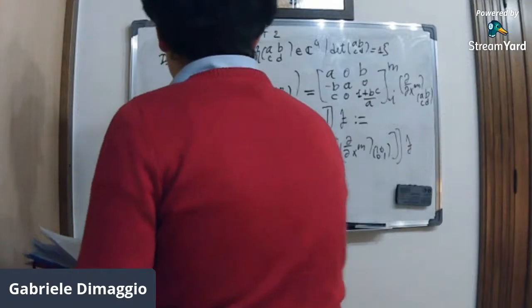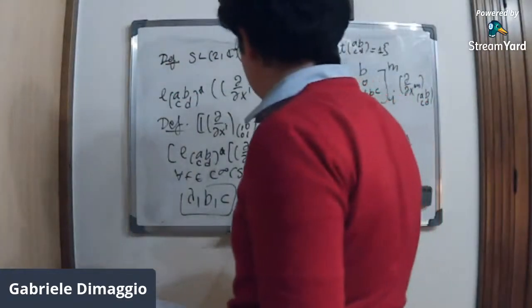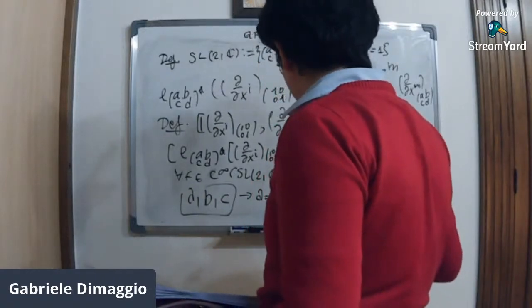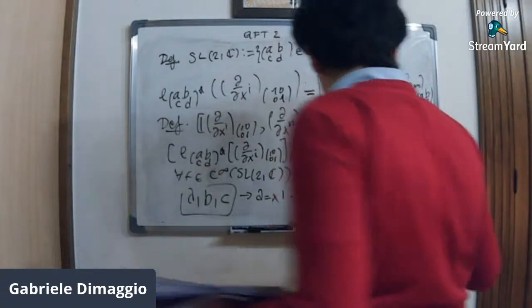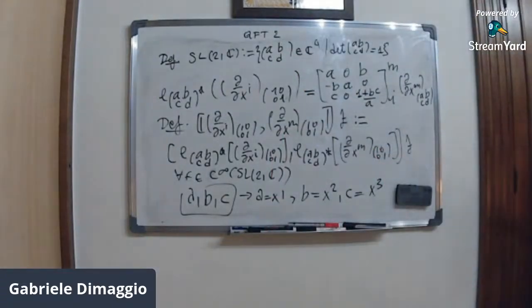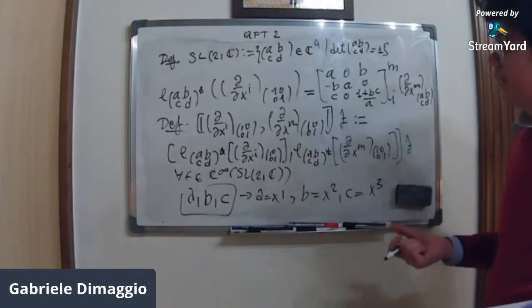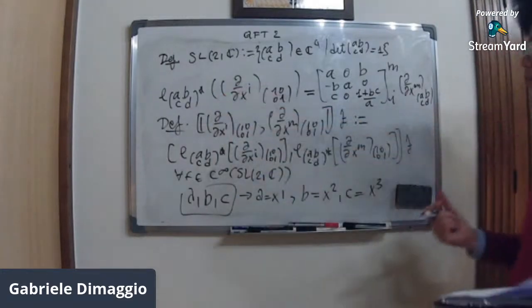Okay, so ABC is what? I have A is equal to x1, B x2, for example, C is equal to x3. Okay, perfect. And so I can define, of course, the commutation relations.